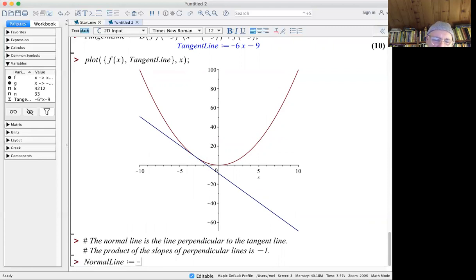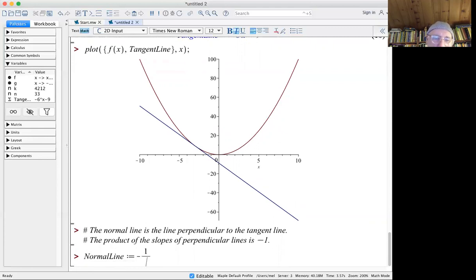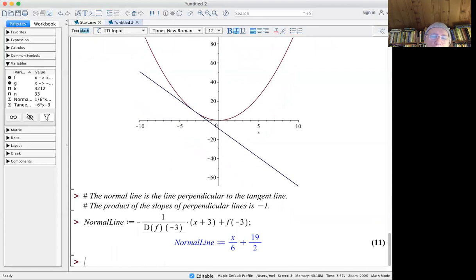That means the negative reciprocal of the derivative of f at minus 3 times x minus minus 3, which is x plus 3, plus f of minus 3. So that's the normal line.